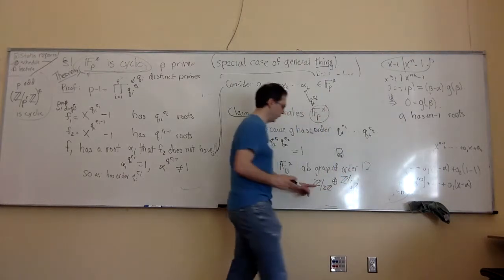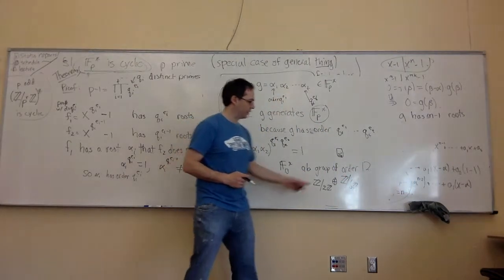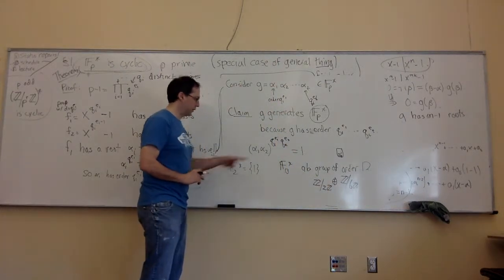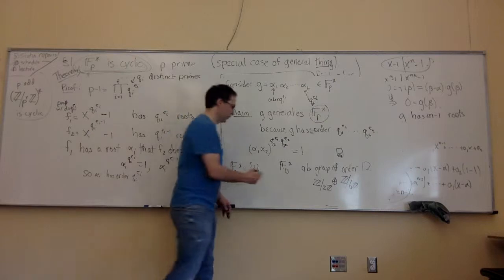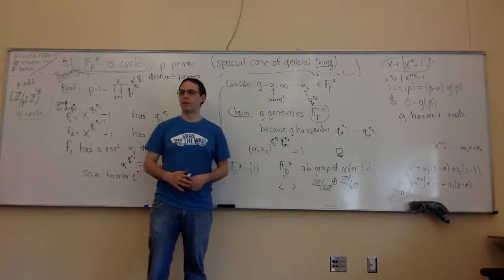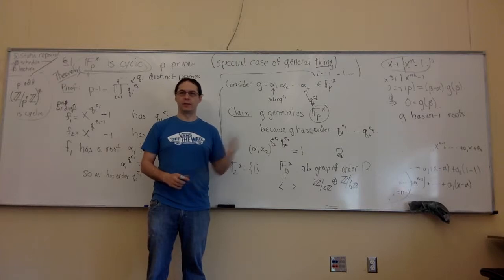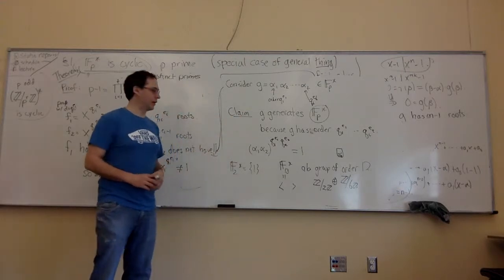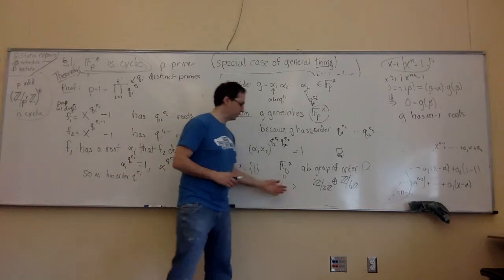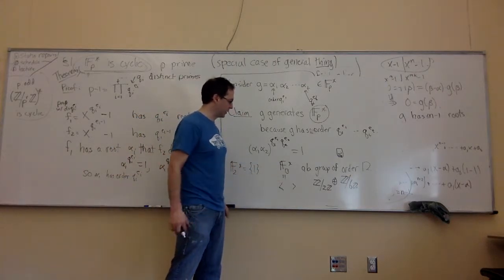This is an abelian group of order 12 that cannot be generated by any one element. But F13 star can be, and I do not know off the top of my head a generator, and the proof didn't guarantee us a specific number, like 2 or something. 2 works sometimes and not other times.